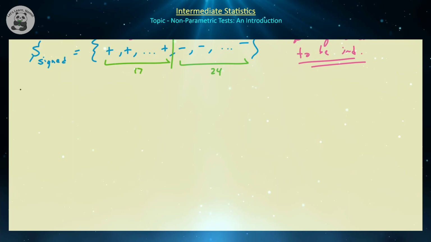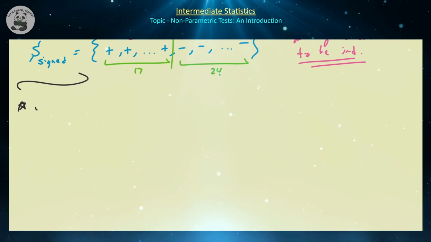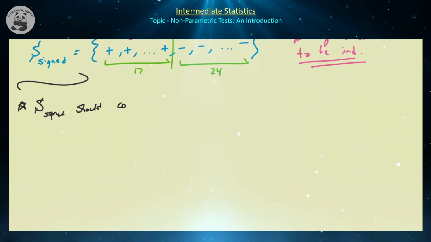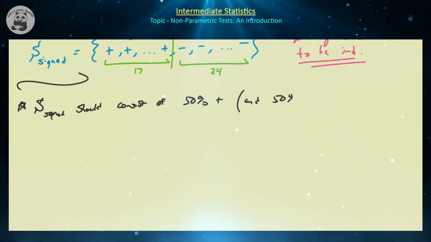So if we continue in this narrative, what can we see? S signed should consist of 50% plus and also 50% negative. But keep in mind, if the pluses are substantially low, then the minuses will be substantially high. So they're going to be extreme, just opposite spectrums simultaneously, right?